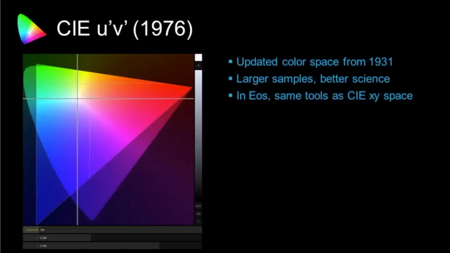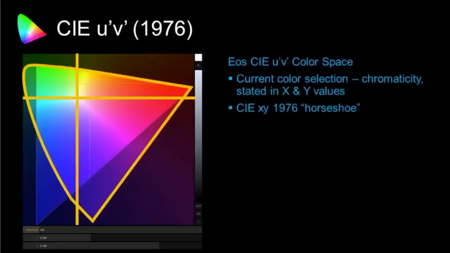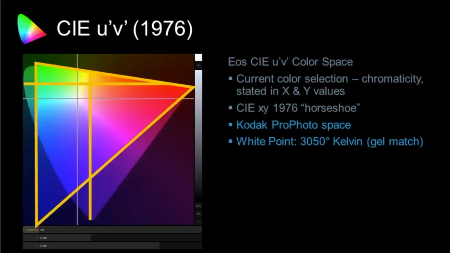So if you want to use this space, it is available to you as well. And it's just an updated version of the 31. You can see that there are a lot of the same tools as the 1931 space. We have the same chromaticity and the horseshoe for that space that are here. We indicate the Kodak ProPhoto space and our white point for gel matching.